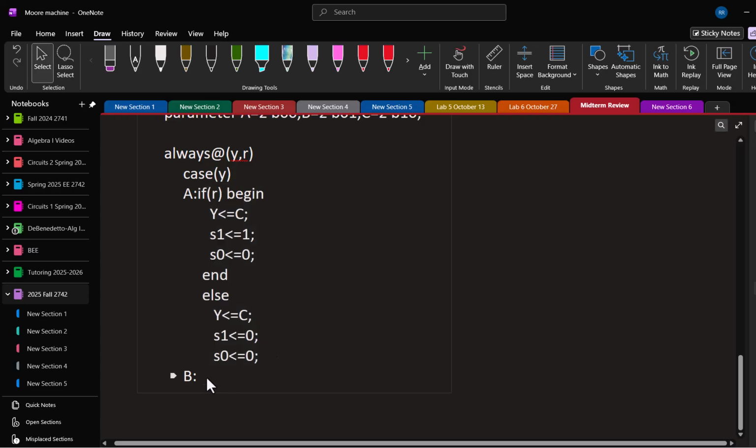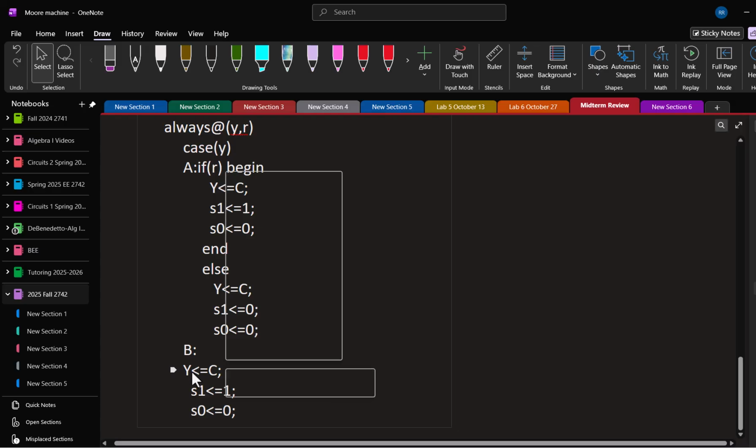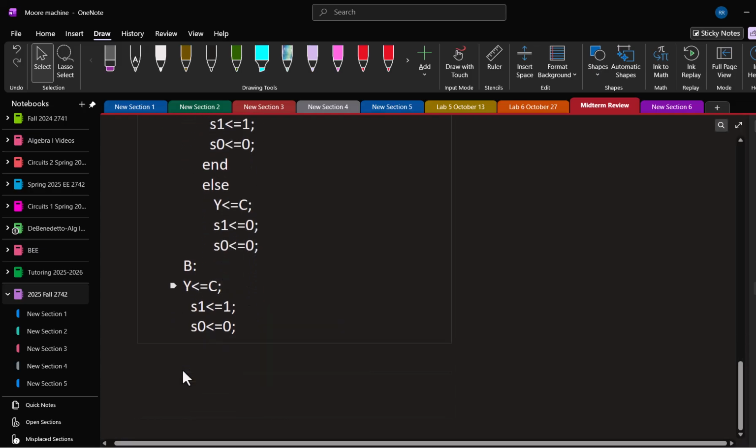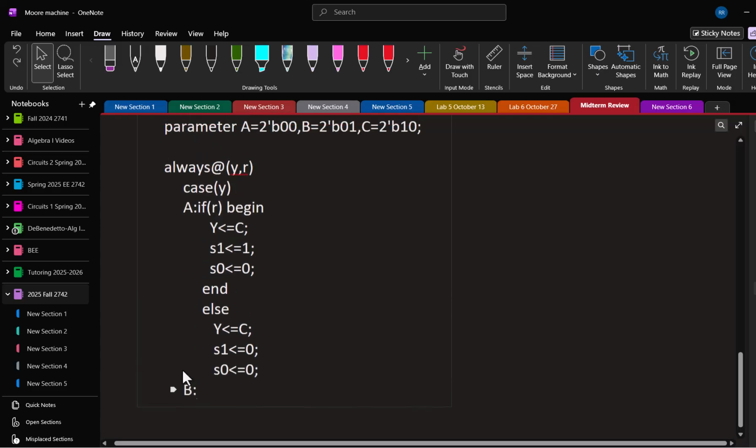So copy all of this and paste it, except it did not all paste. Let me get it all.